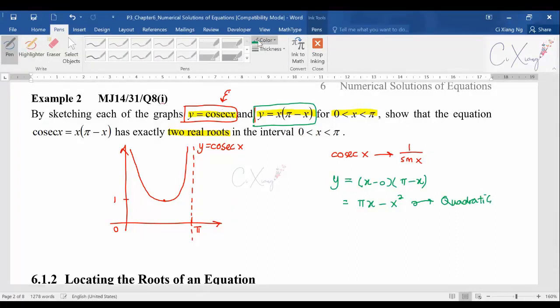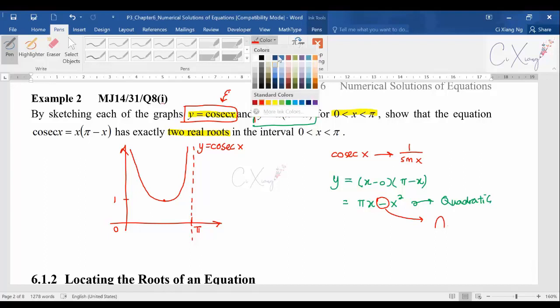After that, if you look at the sign in front of the x squared, this is negative. This negative also tells you that it's a quadratic curve with an N shape. All these are small details that you learned before, so you have to know how to apply them now to help you sketch the graph.